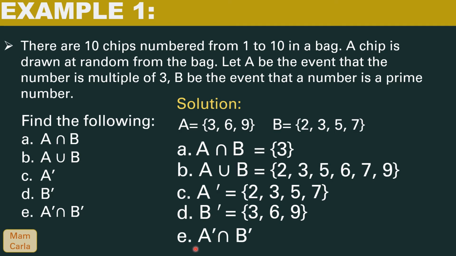And finally, for letter E, we are asked to find A complement intersection B complement. Since we've done A complement and B complement already, we just need to look at what is common between A complement and B complement.